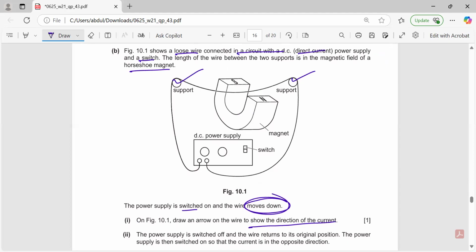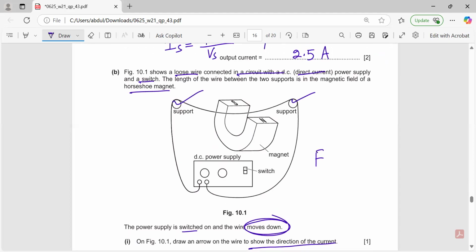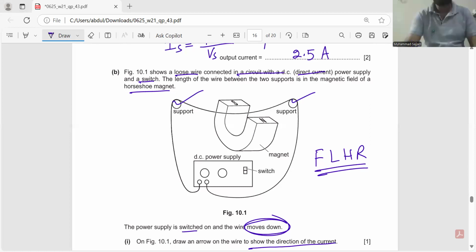To get the direction of the current, we are going to use Fleming's left-hand rule, which says that if we stretch the forefinger, middle finger, and the thumb of the left hand such that they are perpendicular to each other this way, then the forefinger points towards the magnetic field.